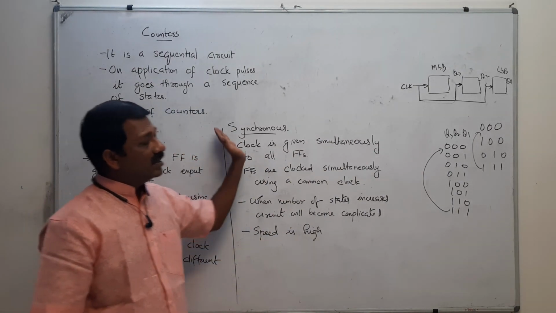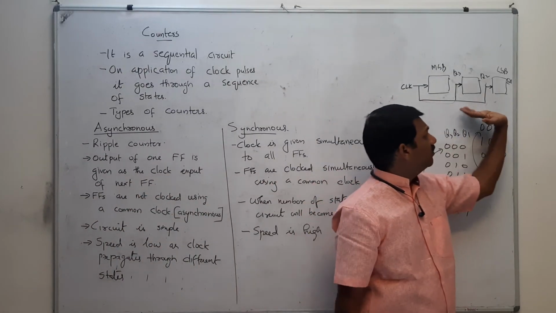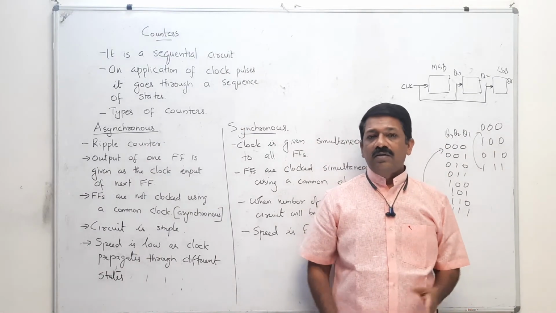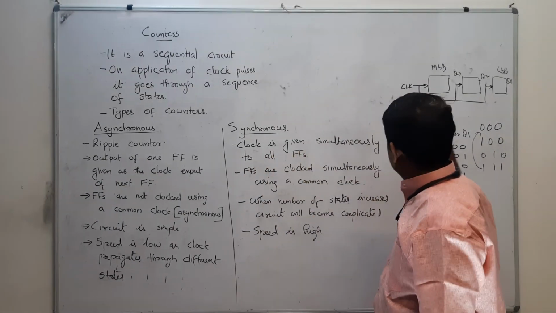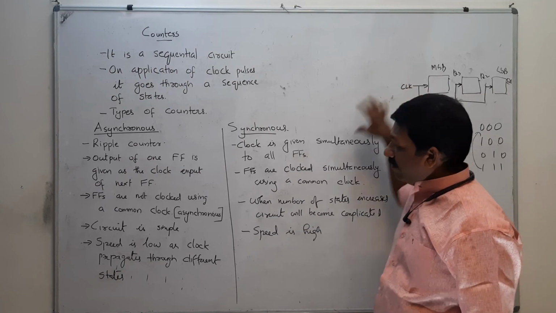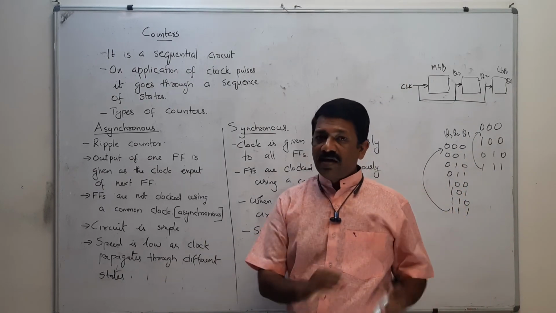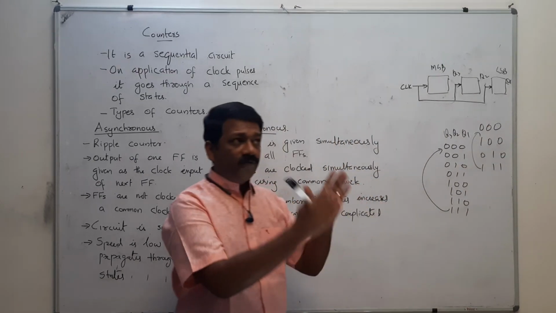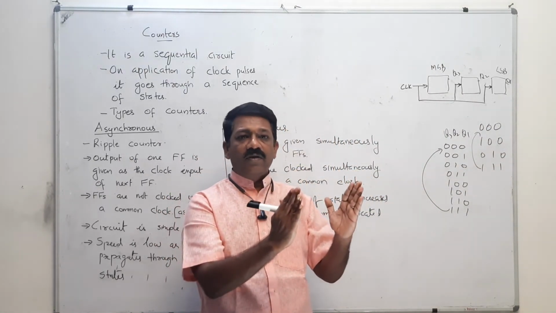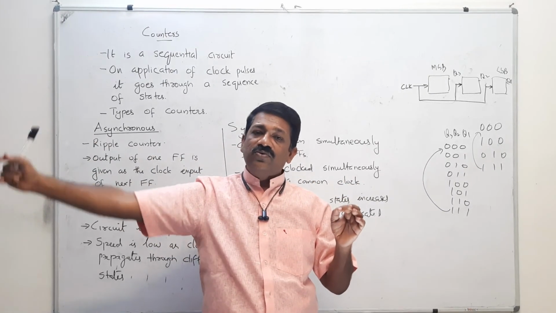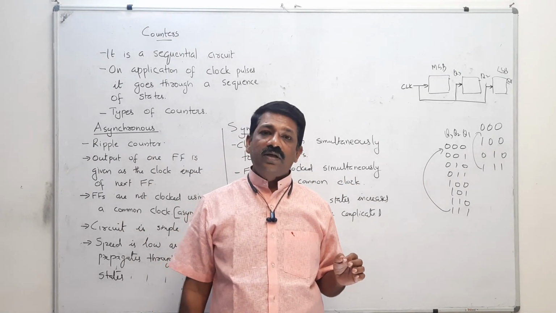And as it is triggered using a common clock, this is fast circuitry. This is a very fast counter compared to the asynchronous one. That one is slow, because the ripple has to go from here to here. That means from the first flip flop, some ripple has to initiate, and that ripple has to carry through to the last stage.